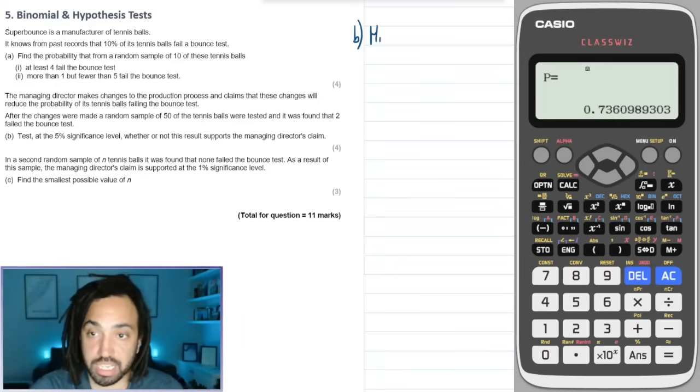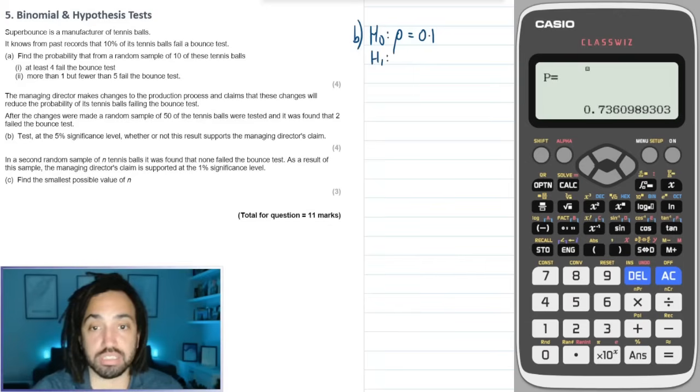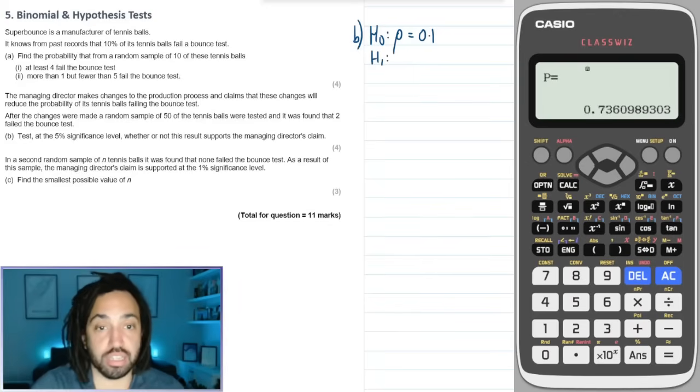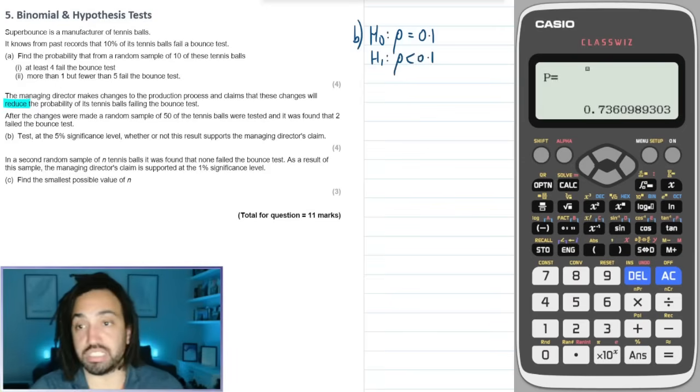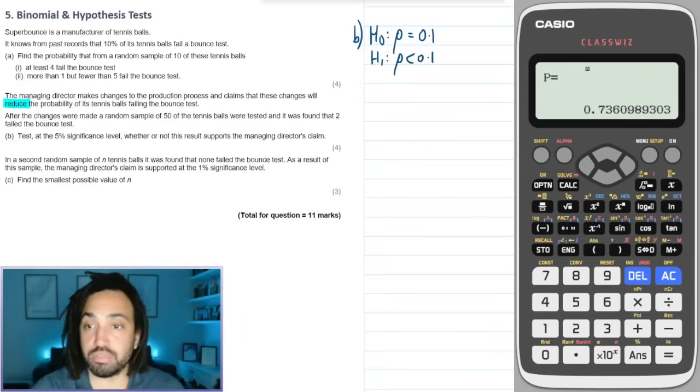So we can say H0, the historical probability is 0.1, but we are testing that the failure rate has reduced. So that means that we are doing P is less than 0.1, which is much easier when you're testing for the lower tail.